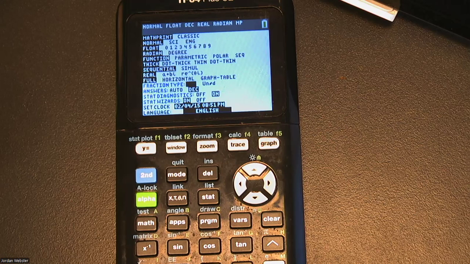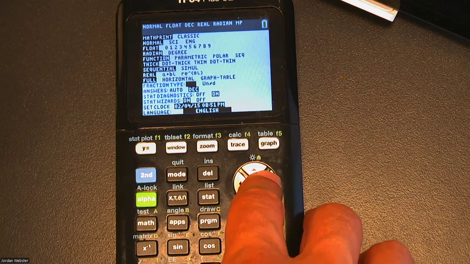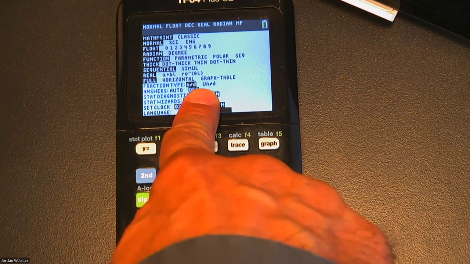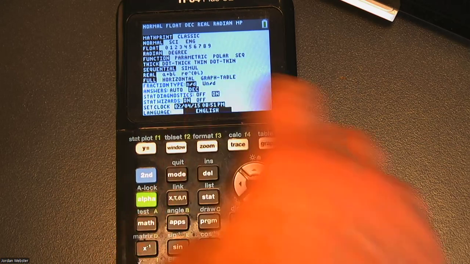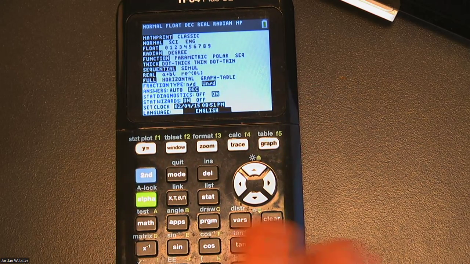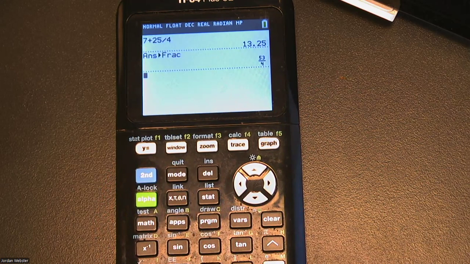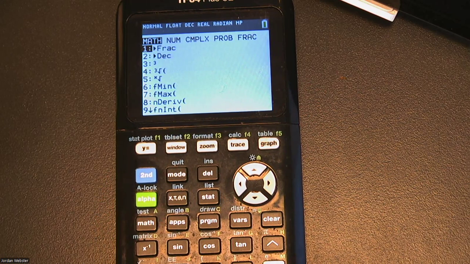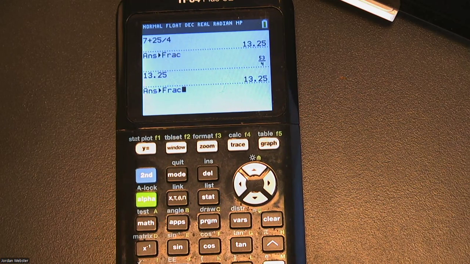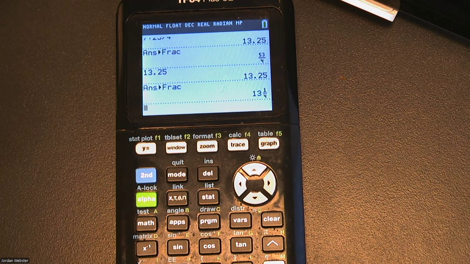The other fraction type is the mixed number, and that's this one. If I had that one turned on, and I asked to give me the fraction version of 13.25, it'd give me 13 1/4.